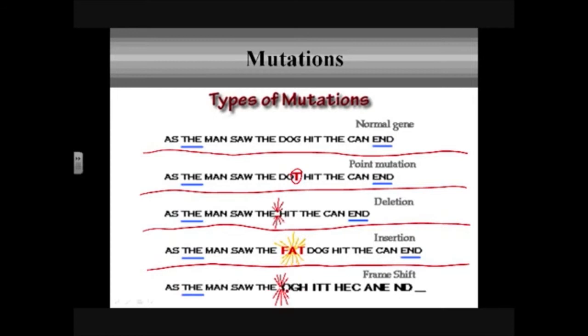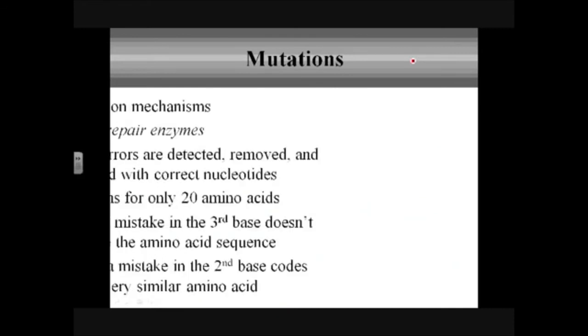Do you see this? There's a deletion right here, and as a result of the deletion, there's a whole shift that occurs. Right? Our triplets, because only the D is deleted, everything shifts over one. So: as the man saw the og, it, heck, ain, nd. And then you're kind of left with a missing space. So this is just an interesting way to look at how these mutations can alter the information that you find.